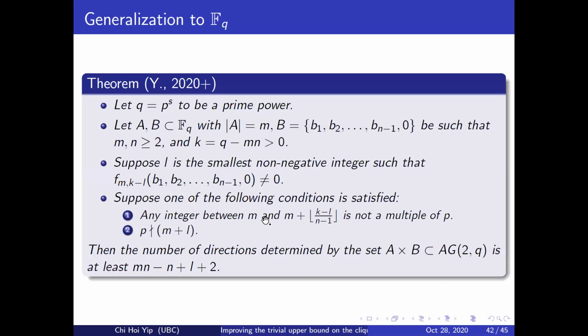Basically, the first condition says that any integer between m and m plus (k minus l) over (n minus 1) is not a multiple of p. Here we can get rid of l because we can bound it by k over (n minus 1). So we don't need to worry about l. That's great.